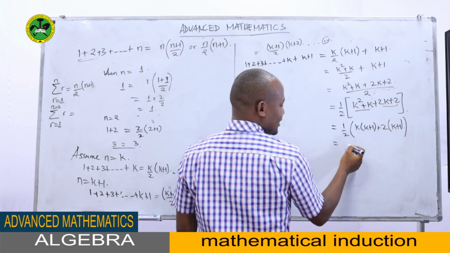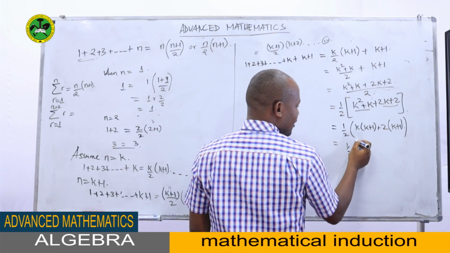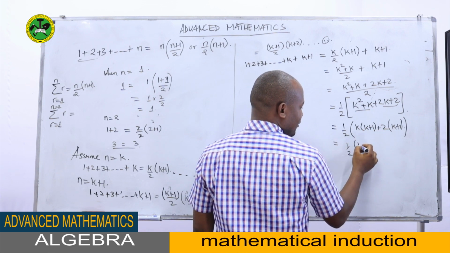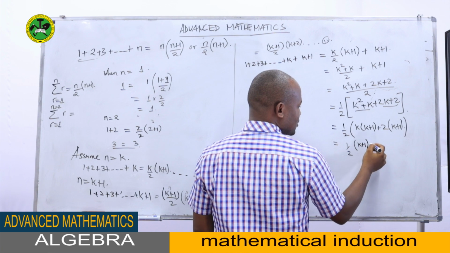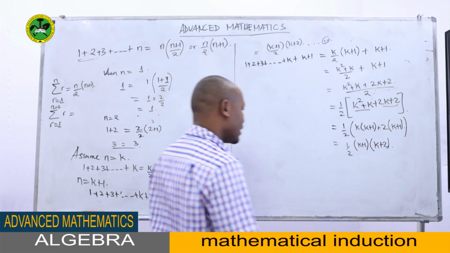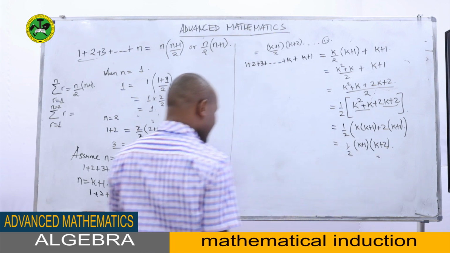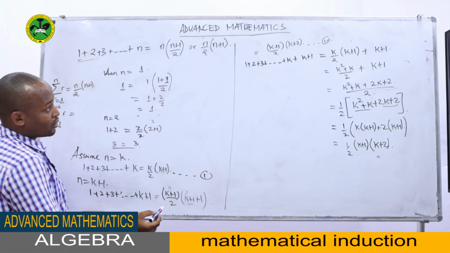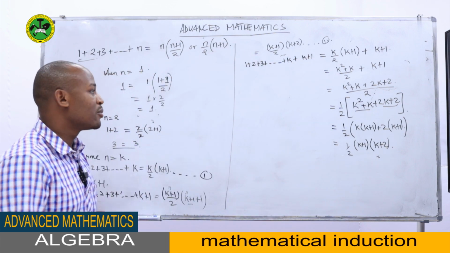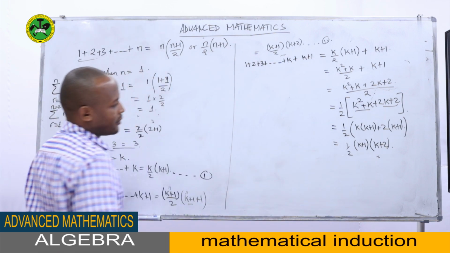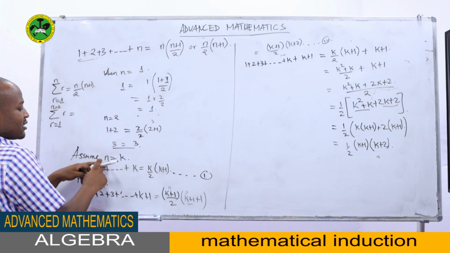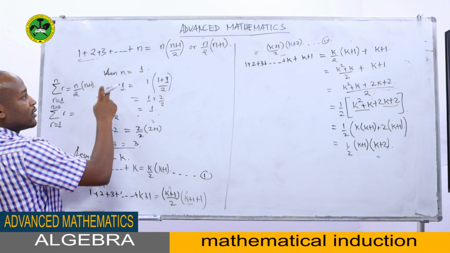Then finalizing that, we have a half times this and that one: k plus 1 and k plus 2. Now you will see that this one is equal to something like that. That means it holds true for all the positive integers n. That means if you remember that much correct, we were not given a k in the equation.